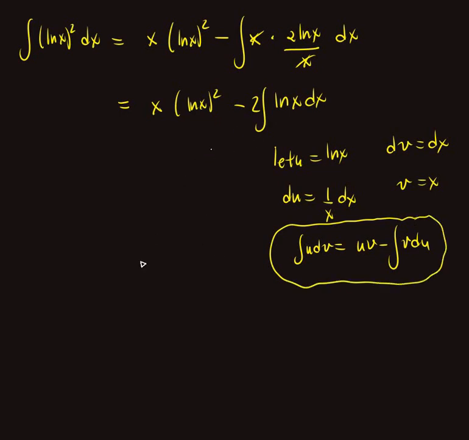Perfect. This part is already solved. We don't need to do anything there. So here we go. Let's write this thing again. It's going to be x natural log of x squared minus 2 times, okay, what's going on here? First, who is v and who is u? Well, v is x, u is natural log.